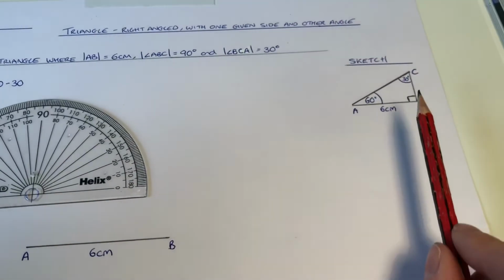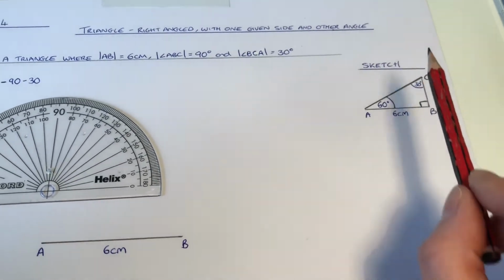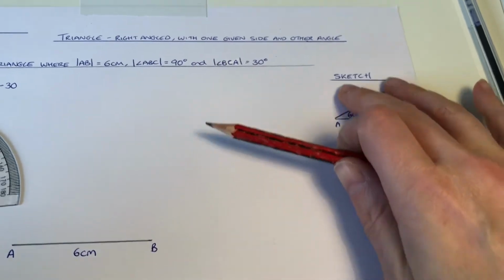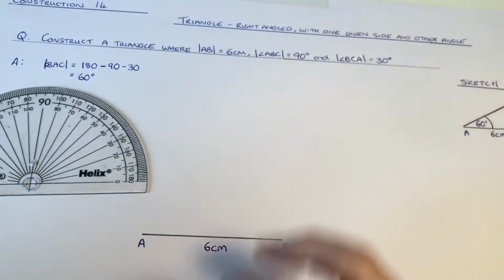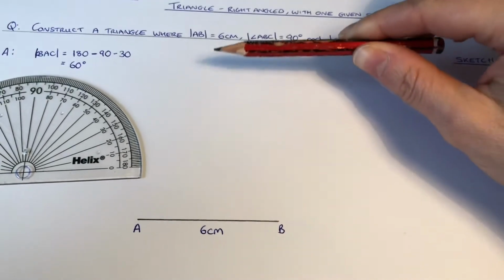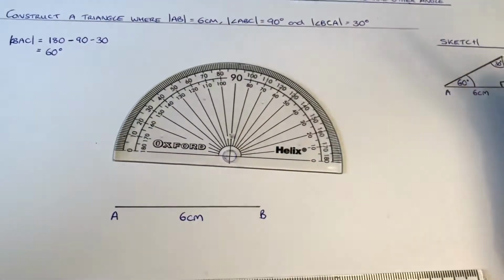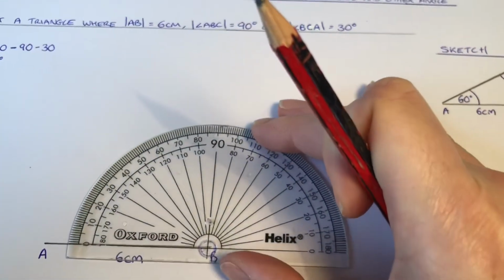So the next thing that we'll do is we will create the 90 degrees. Now remember that if we're starting with the bottom, the rest of the triangle's above it, so you're making sure you've left space for your construction to go further up. So we're going to use our protractor to perform our 90 degrees.